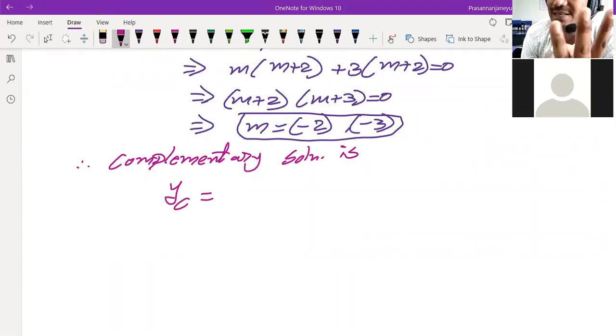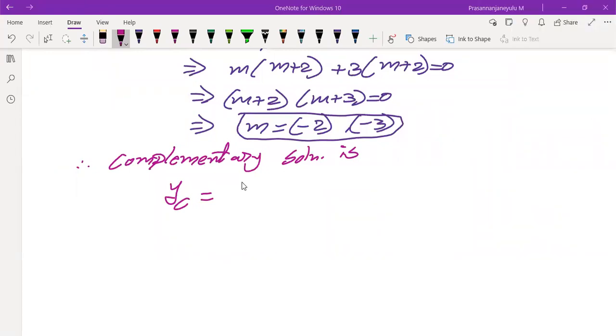But here, the roots are real. In real roots, we discussed 2 cases: one is not repeated, another is repeated. Here -2 and -3 are not repeated.